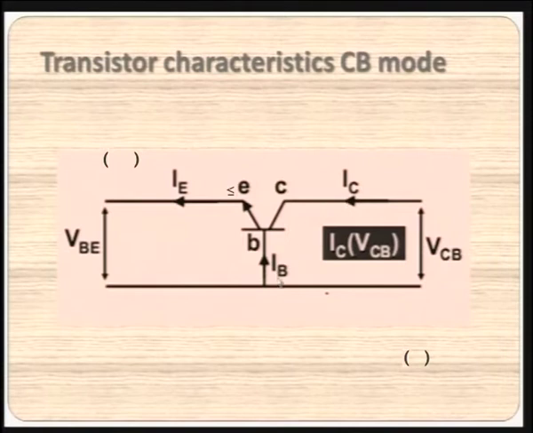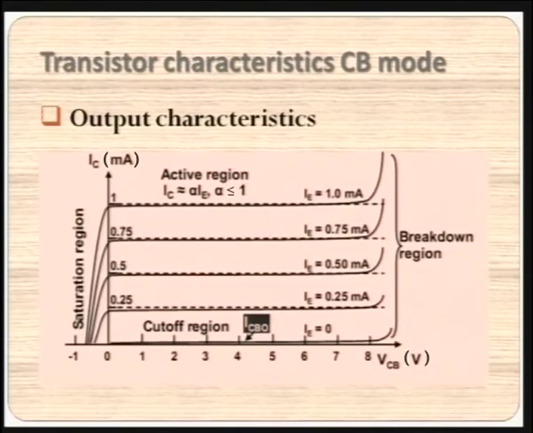Even if it is not having any potential, even if it has a zero value, the collector current seems to reach a maximum value. That is what is represented in this output characteristics curve. And if we reduce the voltage VCB to the other side of the polarity, then there itself the saturation region exists.